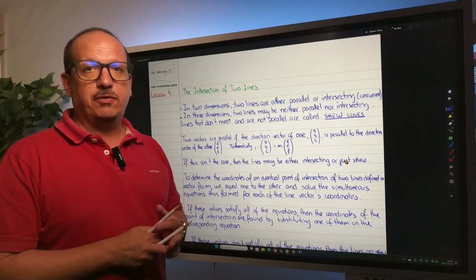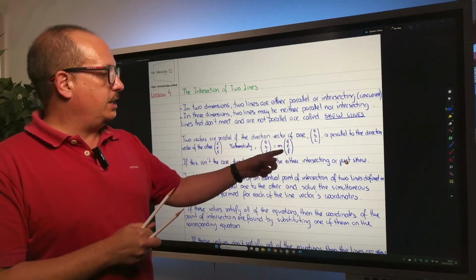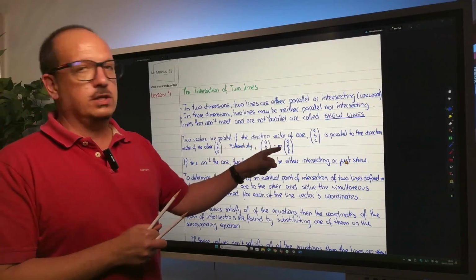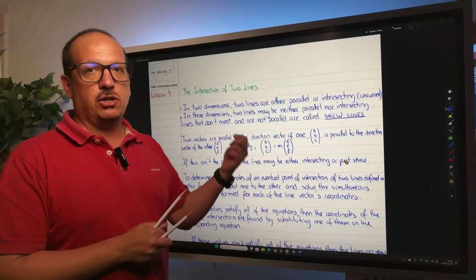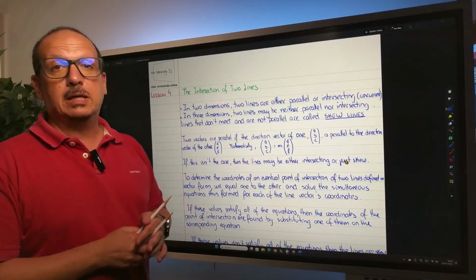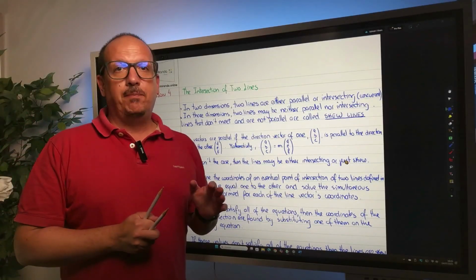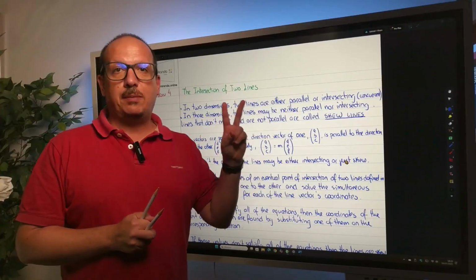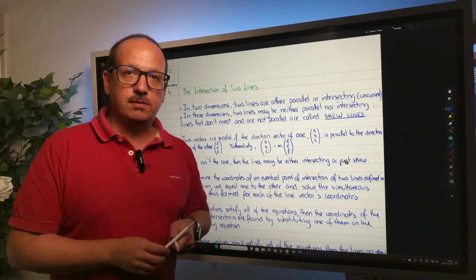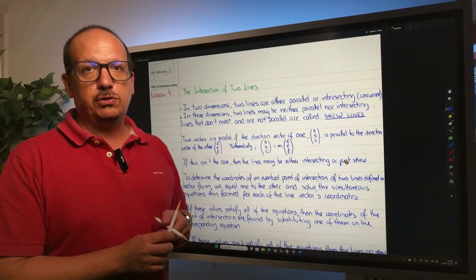So if you are given the direction vector of both, look at the coordinates, and if you can transform the coordinates of one into the coordinates of the other by the multiplication of a constant, then they are parallel. If they are not parallel, and if you're talking about 2 dimensions only, then you can be sure that they are going to meet at some point. And you can calculate that point, and that's the purpose of what we're going to do next.